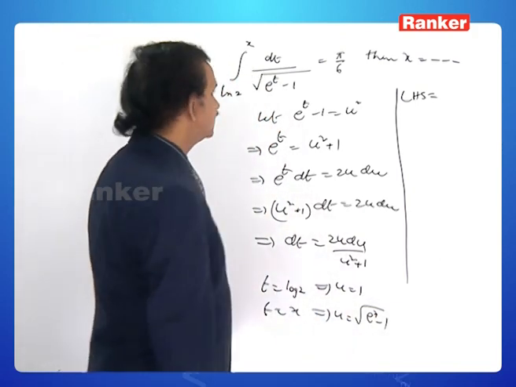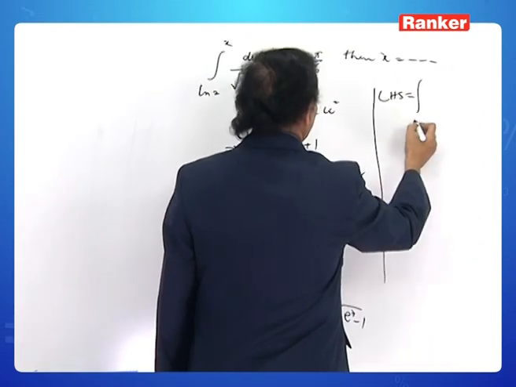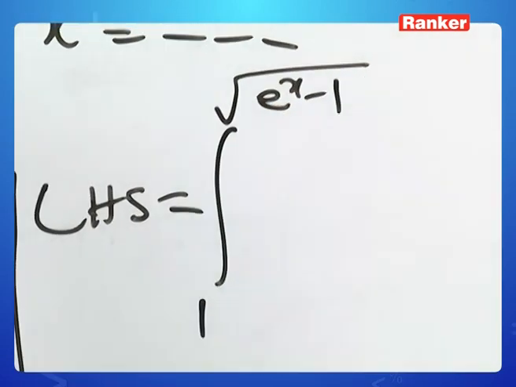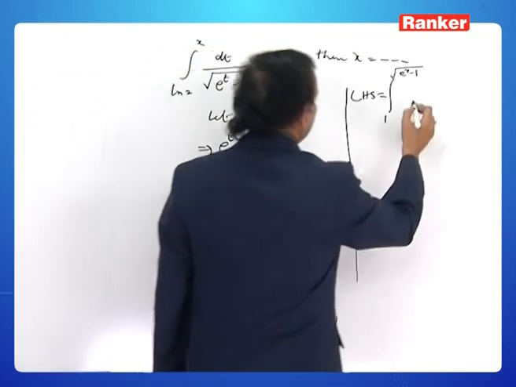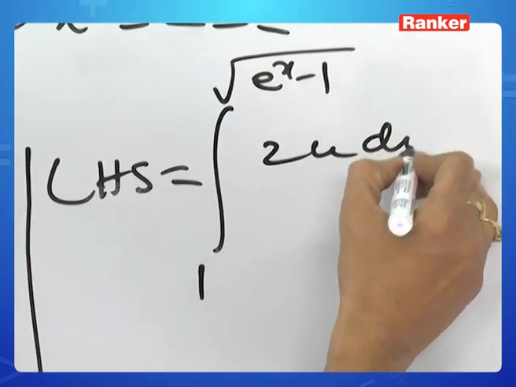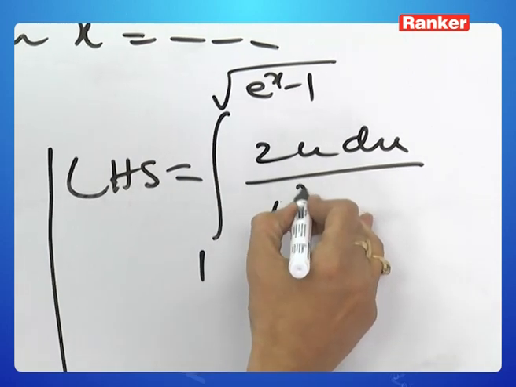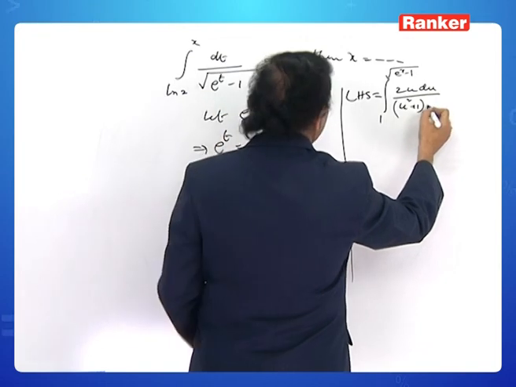Okay, what is LHS? Integral ln2 to x. Instead of that, we write integral 1 to root of e power x minus 1. Of what is dt? 2u du by u square plus 1 into root of e power t minus 1, u is u.